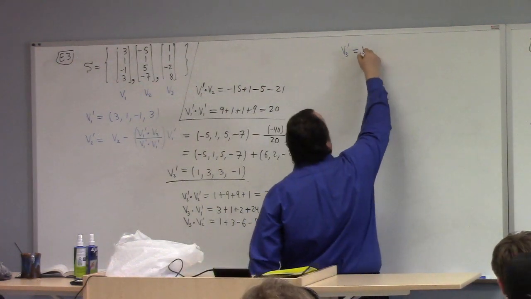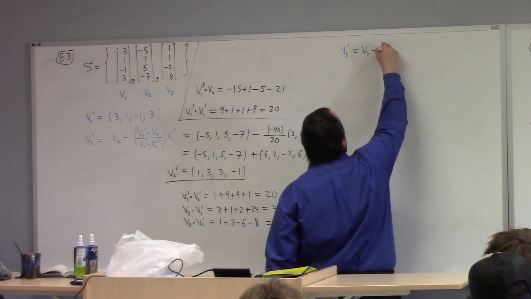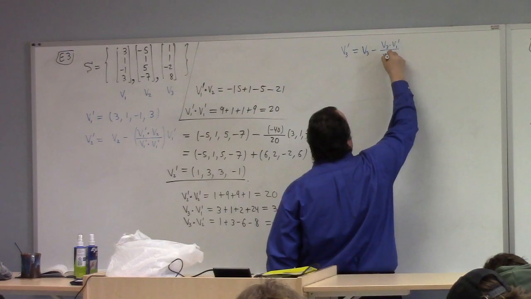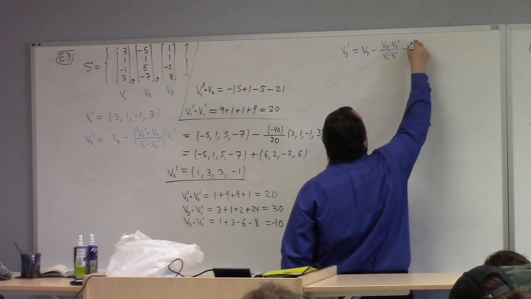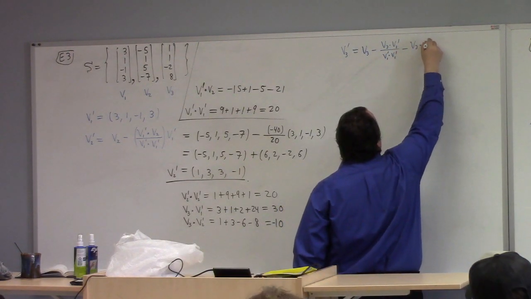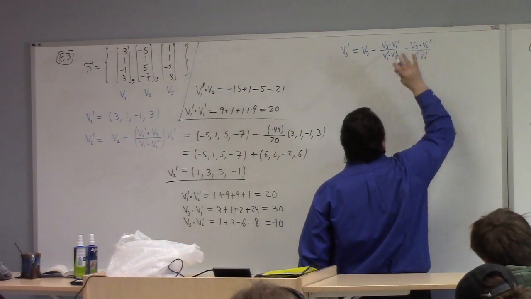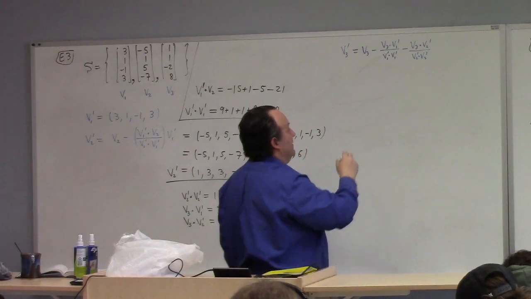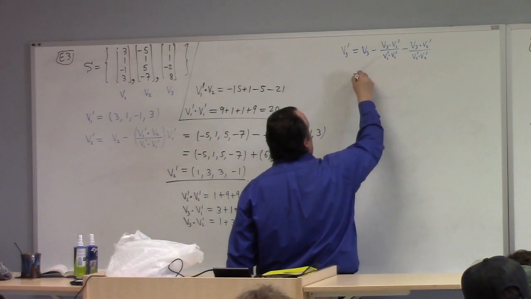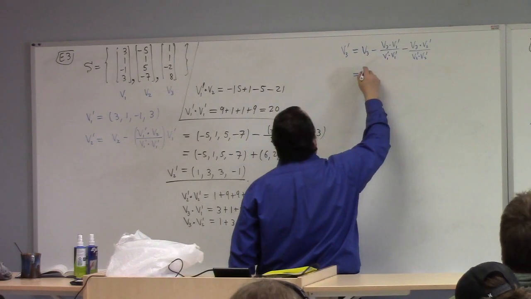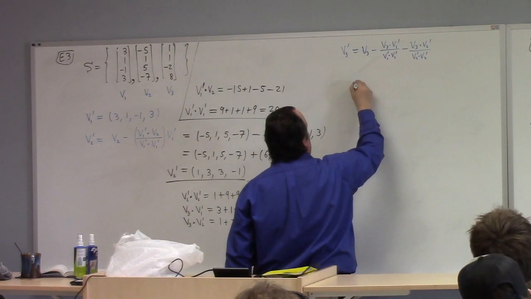So V3 prime, remember, is V3 minus V3 dot V1 prime over V1 prime dot V1 prime minus V3 dot V2 prime over V2 prime dot V2 prime. That's it, right? So we've got all these numbers. My V3 was... Tell you what, I'm going to write it vertically this time just to be different.